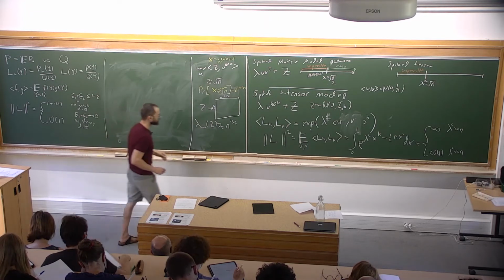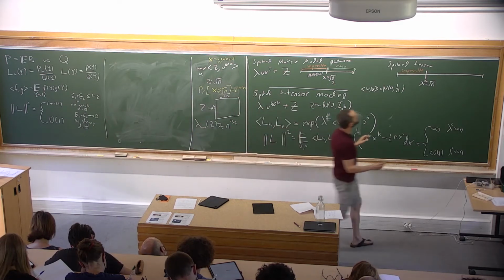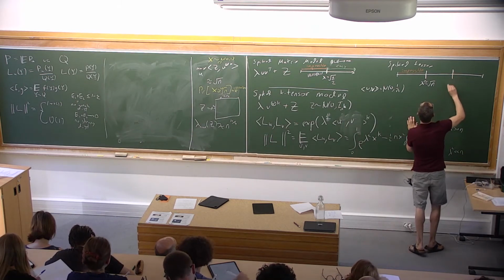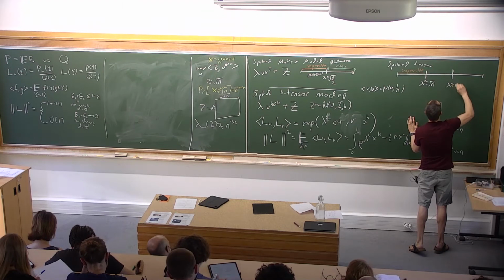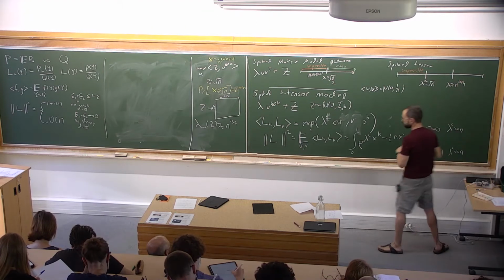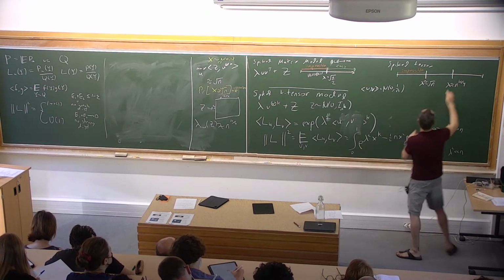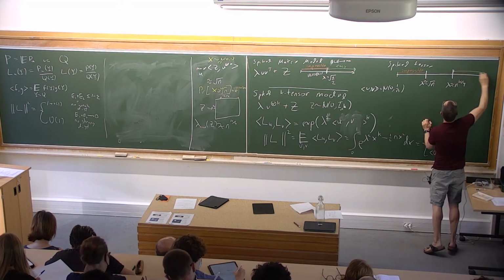So basically that tells us that for lambda roughly n to the k over 4, this is easy.